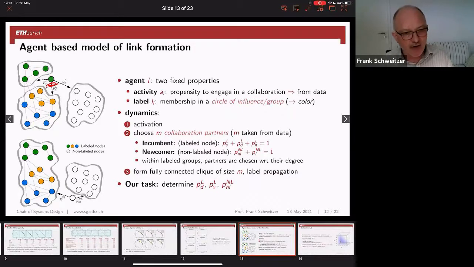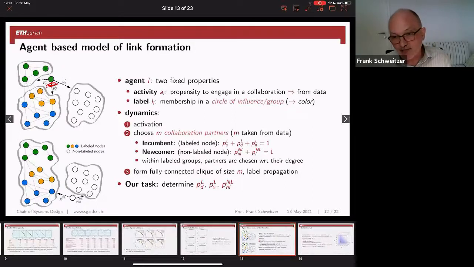And now this firm decides to collaborate in a new collaboration. The question is, if this firm has a green label, what's the probability that it will collaborate with another firm that also has a green label? What is the probability that it instead chooses a firm that has a different label, that means a different color here in our picture?